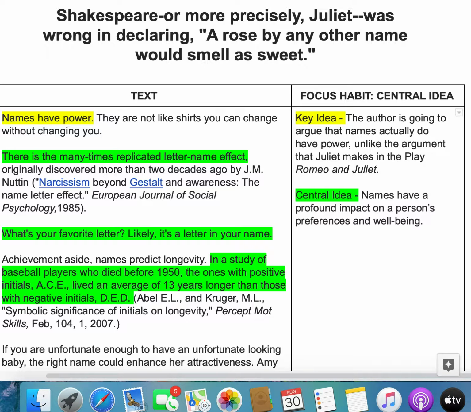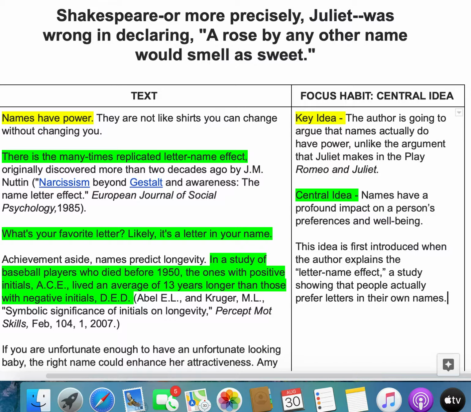Okay, so in order to figure out how this idea develops, I've got to explain where in the text the author actually introduces details about this central idea. So I might do this by saying something like, the idea is first introduced when the author explains the letter name effect, a study showing that people actually prefer letters in their own names.